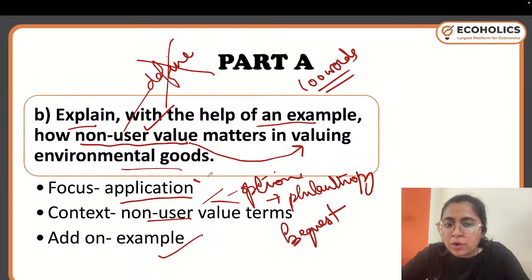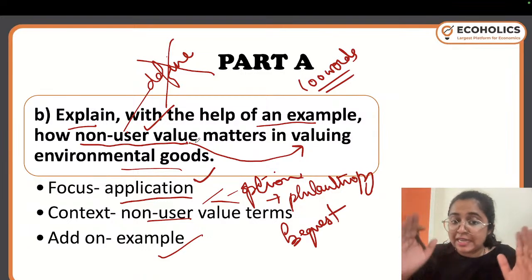They have asked for the application of it. Got it? Are you getting my point? I hope you're getting how to answer questions which are direct in nature but in limited words with focus areas.